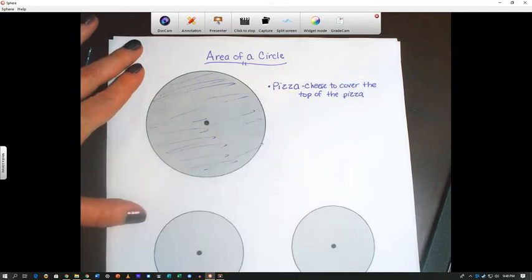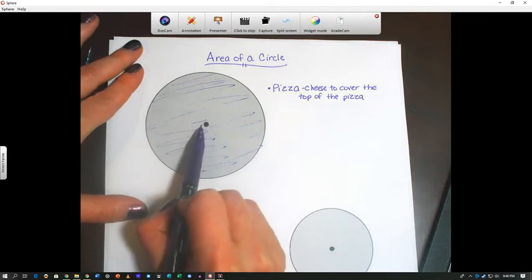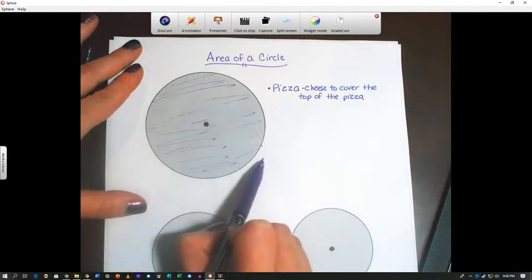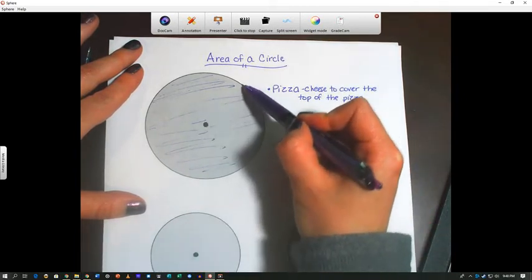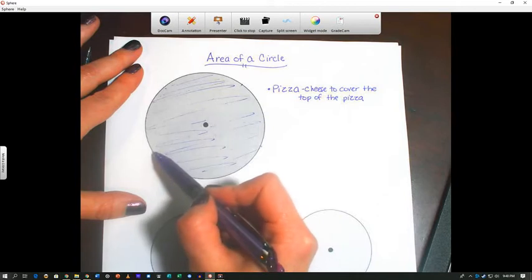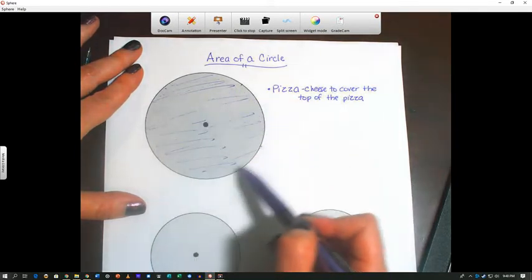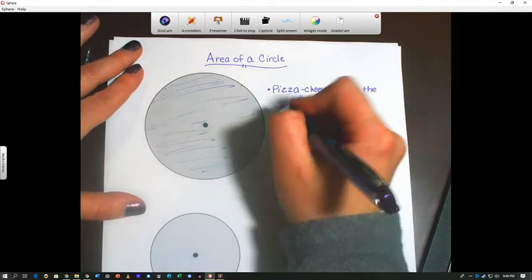So let's say the leash is 10 feet. Well, your dog can move 10 feet in this direction, 10 feet in this direction, 10 feet in this direction, and 10 feet in this direction. So it has all of this area to run around.